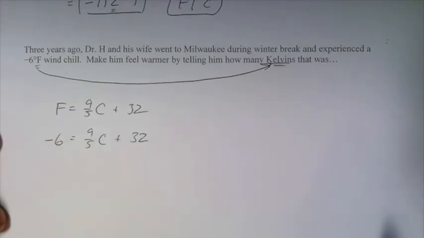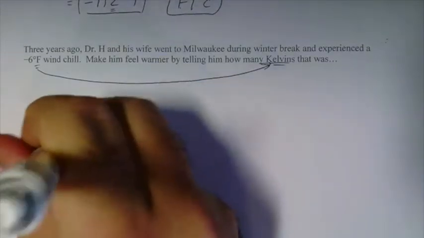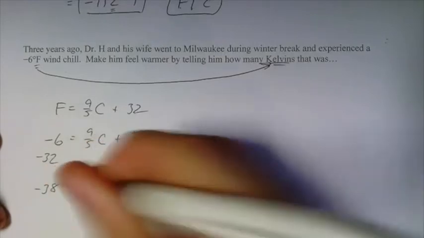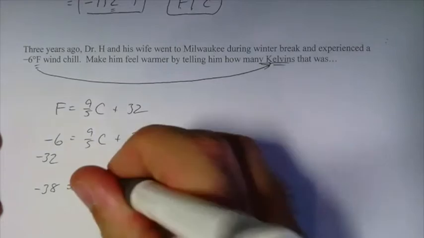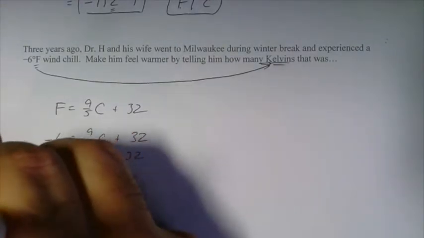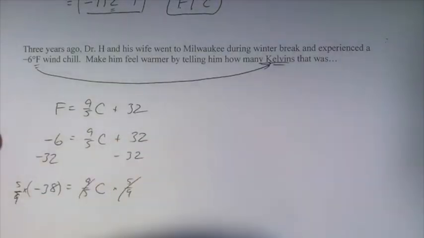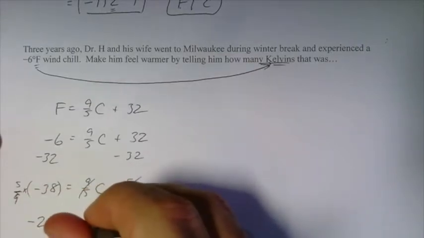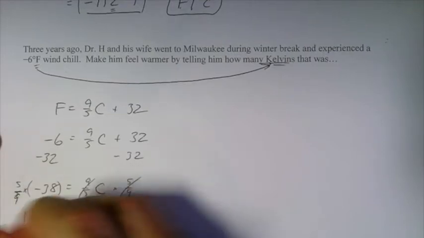So first thing I'm going to do is subtract off the 32. That's going to give me negative 38 equals 9/5 C. Now I can multiply by the 5 and divide by the 9 in order to undo that. And that's going to leave me with negative 21 as my Celsius temperature. So negative 21 degrees C.